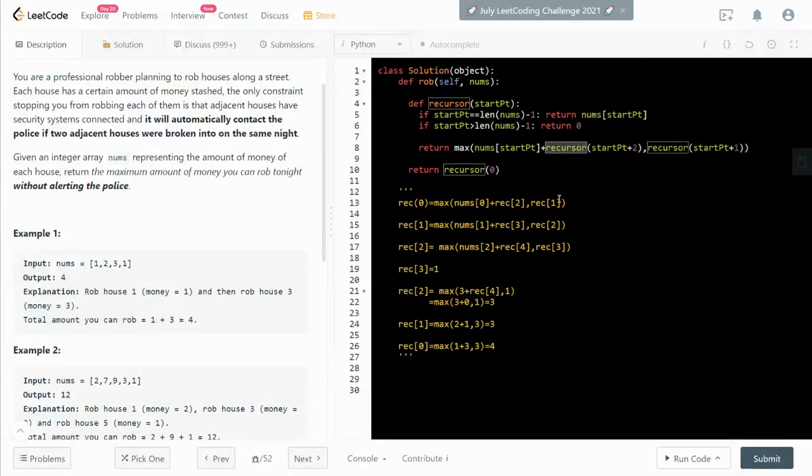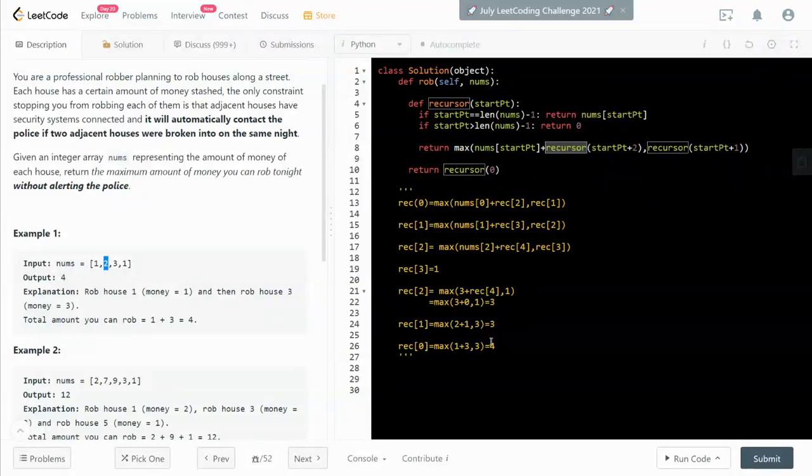So there are two cases: robbing this house and moving onward, or not robbing this house and starting from the next house. Not necessarily robbing, we can start from there to think about the problem. Because we're standing at the beginning, the recursion starts from 0.